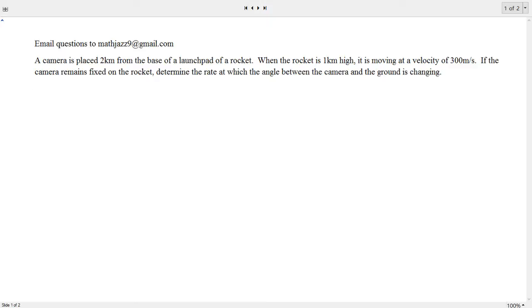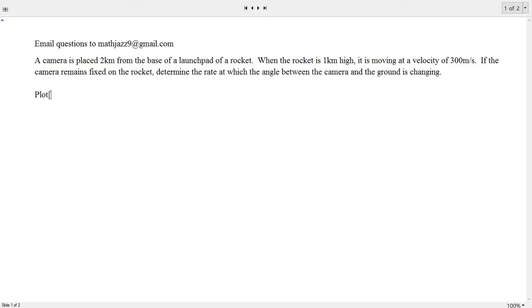So maybe we should draw a diagram of this too. Let's see. I really want a triangle here. So let's say that the launch pad is at 0, 0. And that means we're going to place the camera at 2 kilometers from the base, pointed up at the rocket, which is at 1 kilometer high. So we want to plot this line.